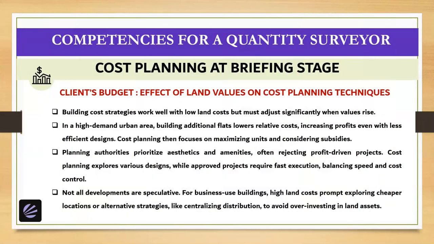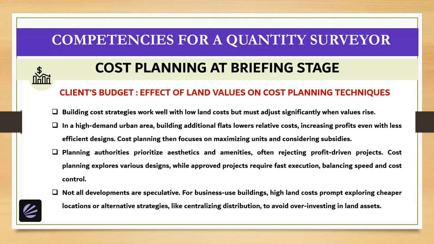Then what is the effect of land values on cost planning techniques? So, building cost strategies work well with low land costs but must adjust significantly when the values rise. In a high demand urban area, building additional flats lowers relative costs, increasing profits even with less efficient designs.